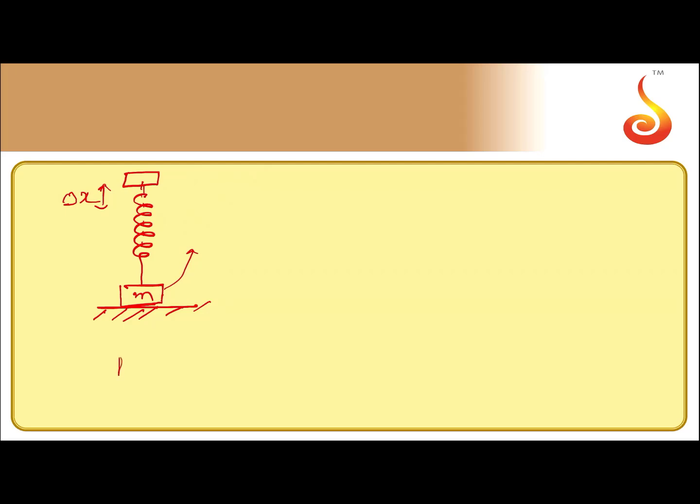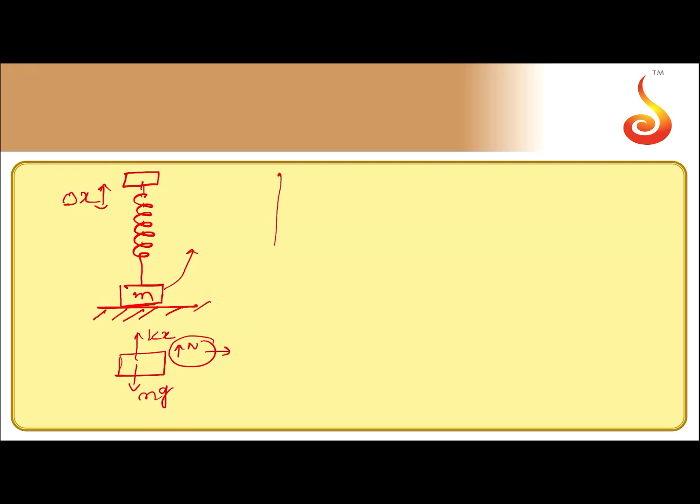Now if we consider the free body diagram of the lower block, we have mg, right, and we also have kx, correct, and we also have n, but this n becomes 0. Why should it become 0? Because this block lifts up. That means when the block lifts, it loses contact with the ground, and if it loses contact with the ground, the normal reaction becomes 0.